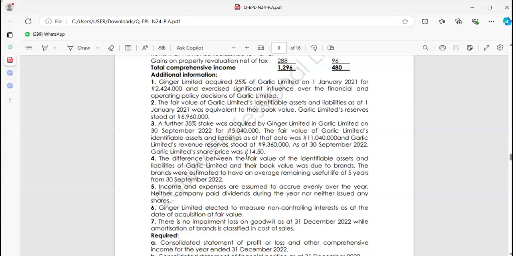Okay, you look at it now. As at 30th September 2022, when does he acquire 35%? A further 35%. Look at it. As at 30th September 2022, he has given me the market price. So I'll use the market price per share to determine the fair value of the previous investment.